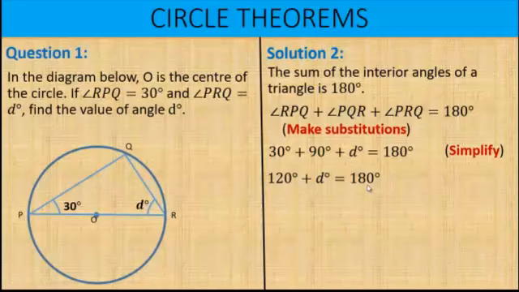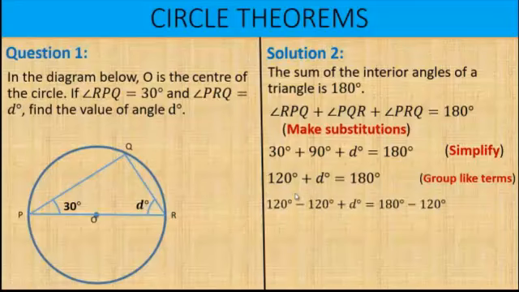Now what we must do is to group like terms. So 120 degrees here must be at the right hand side of the equation, and that is done not by magic, but we subtract 120 degrees from both sides, and that would be 120 degrees minus 120 degrees plus d degrees equal to 180 degrees minus 120 degrees.